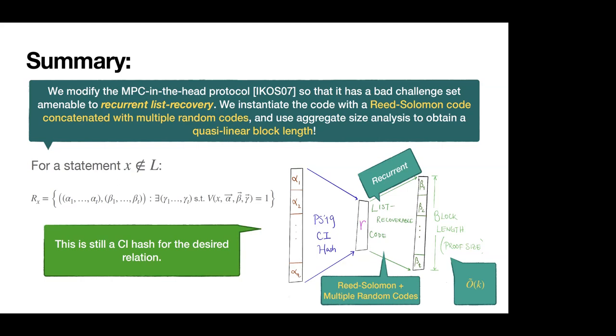And finally, we show how to use aggregate size analysis to obtain something that's amenable to the polynomial reconstruction algorithm and achieves quasi-linear block length. And the final picture is effectively you take your PS19 hash, concatenated with a recurrent list recoverable code, which is actually Reed-Solomon plus multiple random codes. And finally, you get a reduced block length of just O tilde of K. And that's it. Thank you.